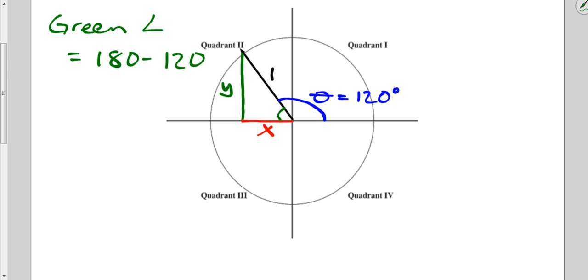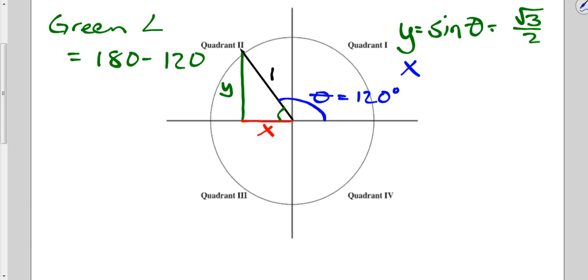I want to know what x and y are in this. So this is negative root 3 over 2? Negative half. And what's another name for y? Sine. So y equals sine of theta, which equals root 3 over 2.